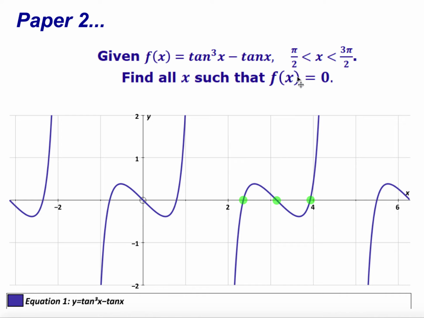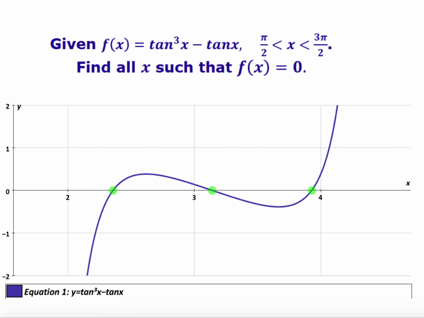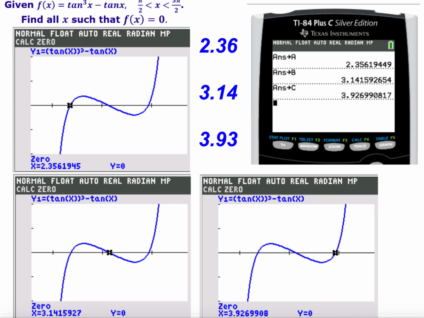That'll be between basically 1.57 and 4.71 is what's happening there. So if you look closely at that, we need to be maybe blowing up the look on the GDC, or just modifying your window so you can see things a little bit better. And it's literally just a matter of finding 3 zeros.